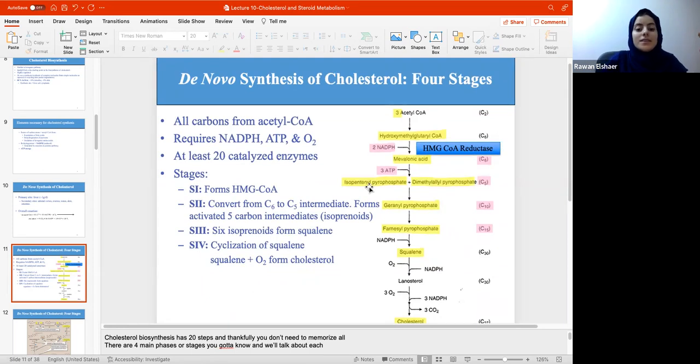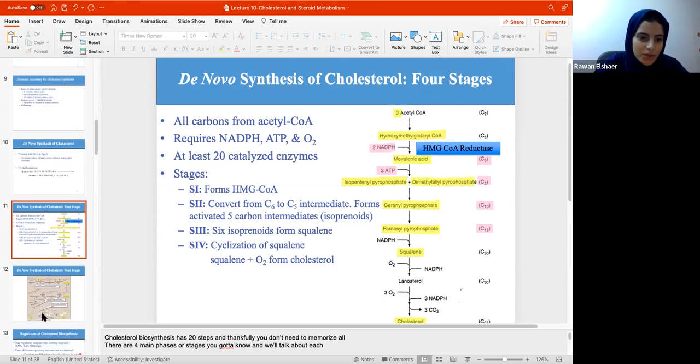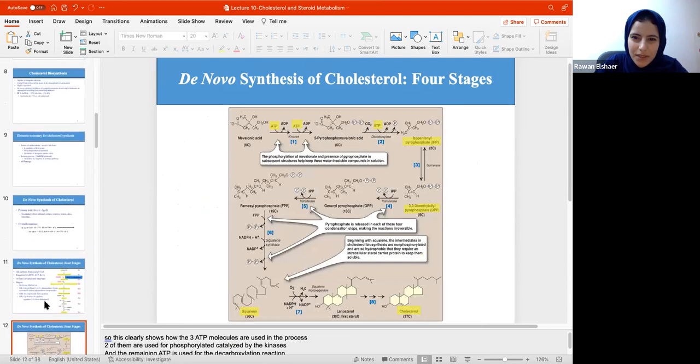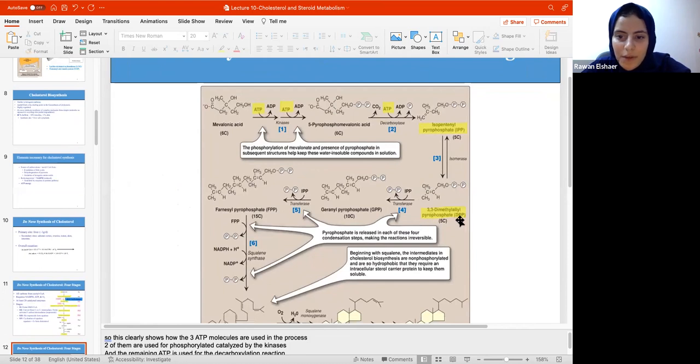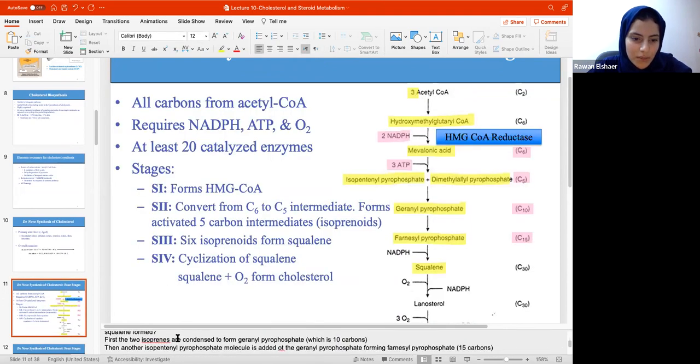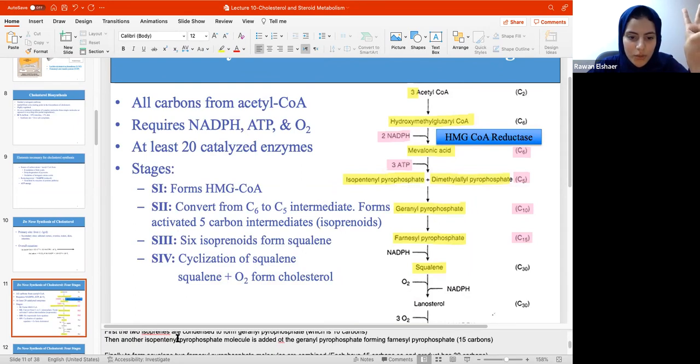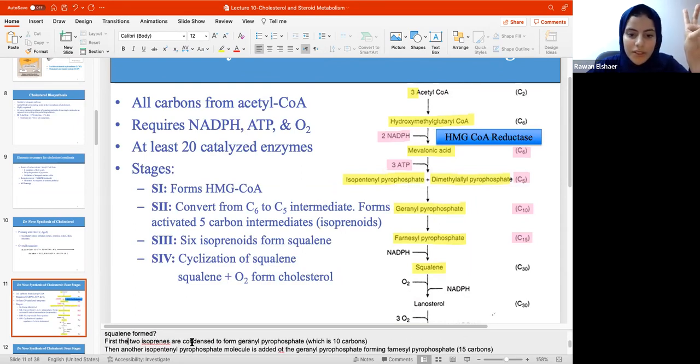Then the 6 isoprenoids end up forming squalene, which is here. Squalene is C30. That's why we needed 6 isoprenoids. So how did they form exactly? Let me show you. You see here, this is the dimethylallyl pyrophosphate, and then it forms the geranyl pyrophosphate. Which two isoprenes are condensed?